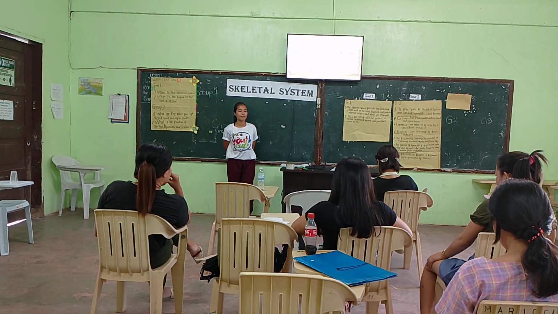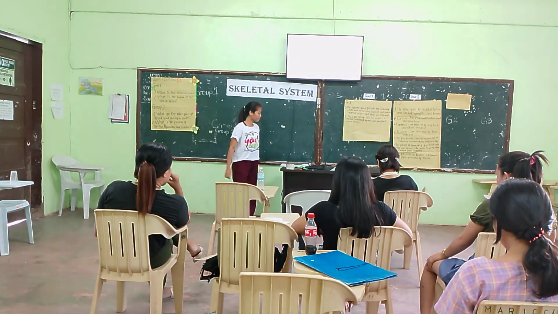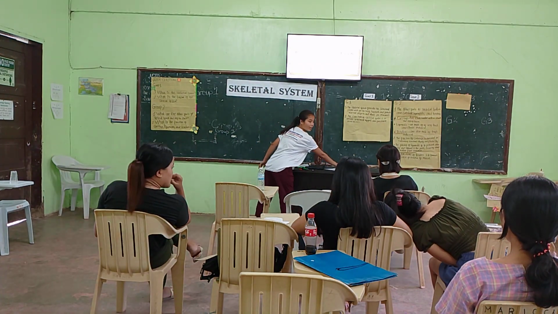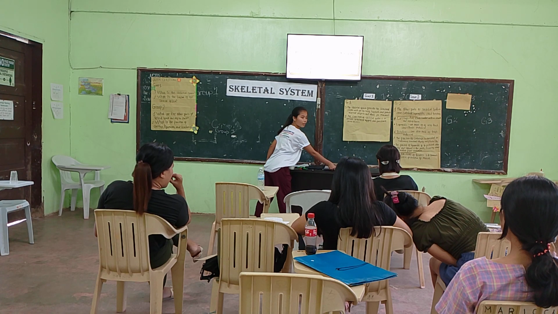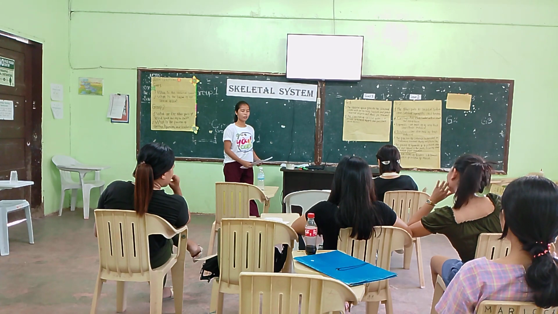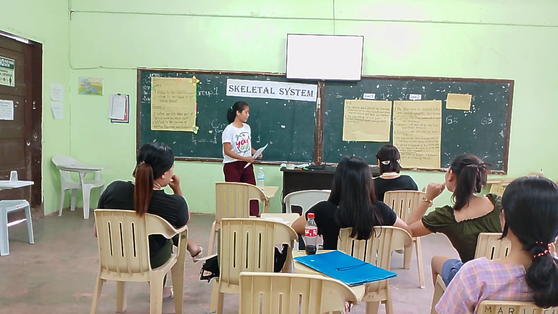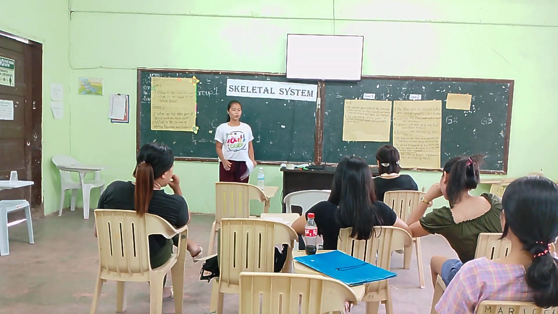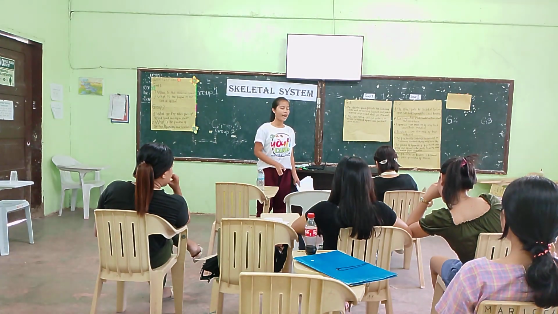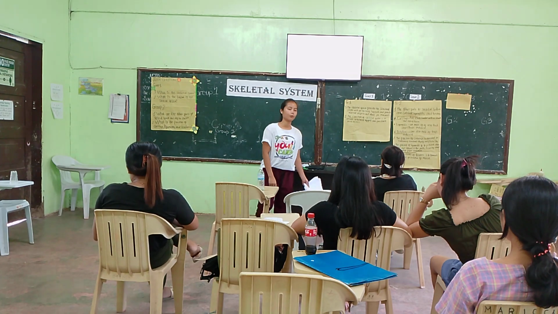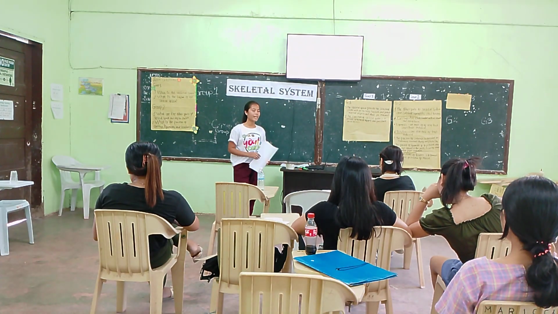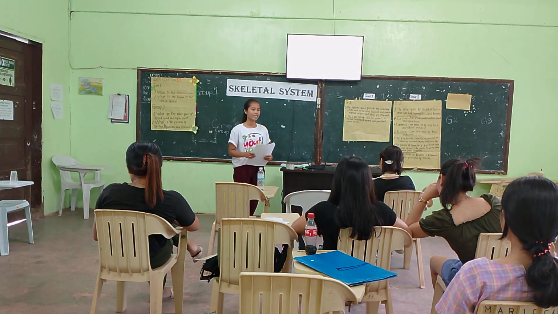To help you understand our topic, let's have an activity. I will group you into two groups. From Chari to Tawi will be group 1 and Hazem to Magita will be group 2. All you have to do is to draw and label the body parts of the skeletal system.